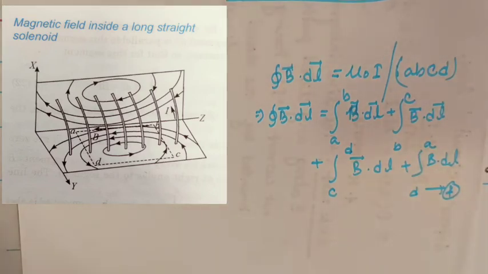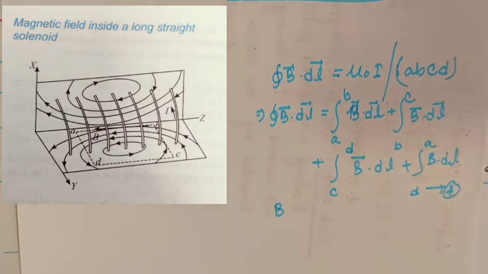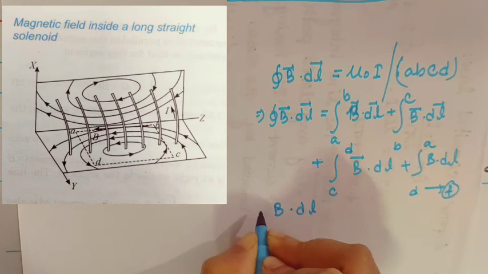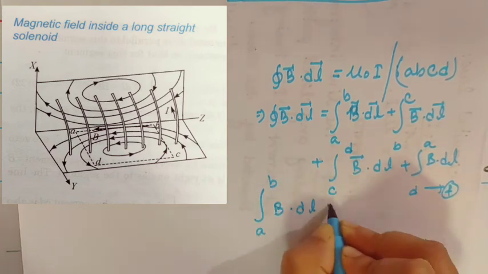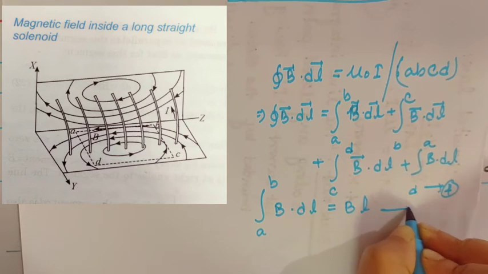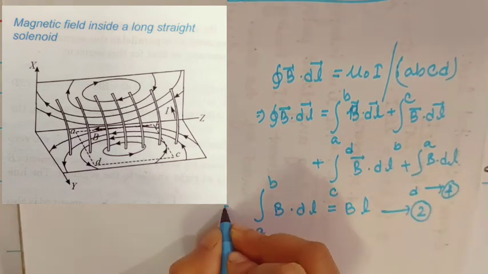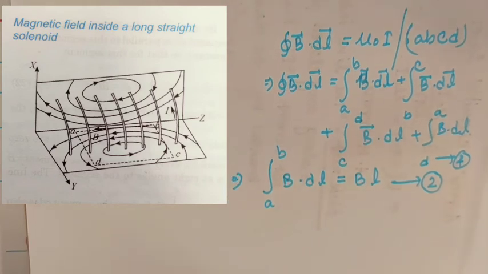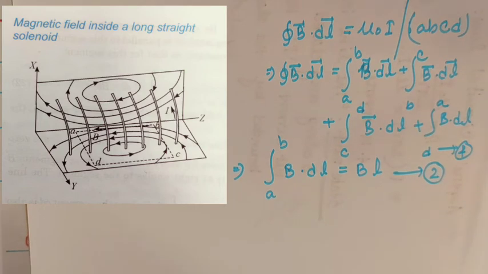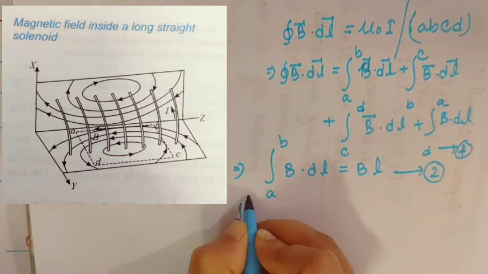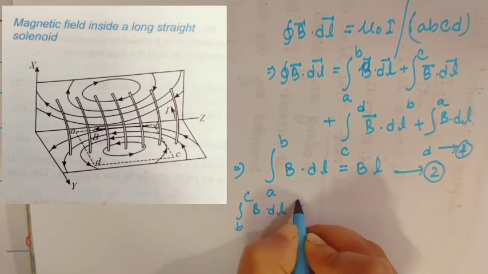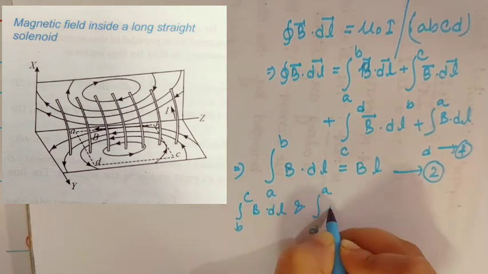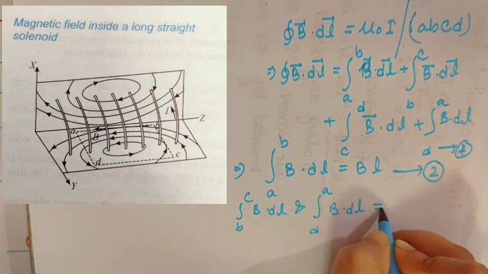Now by symmetry, the field B along the path segment AB is parallel to the segment and is constant. So for this segment we can write integration A to B B dot dl is equal to BL. Keep this equation number 2. Along the path segments BC and DA, you can see from the figure, the line integrals, integration B to C B dot dl and integration D to A B dot dl, are equal to 0.